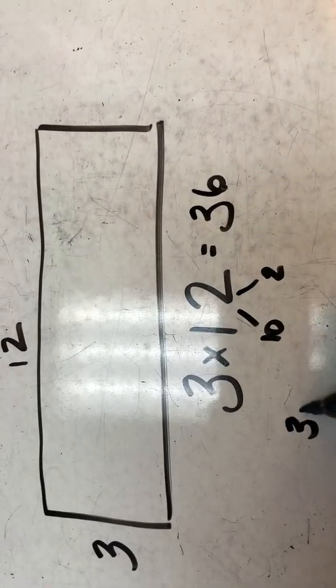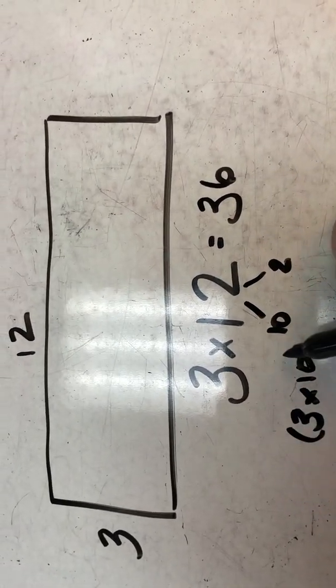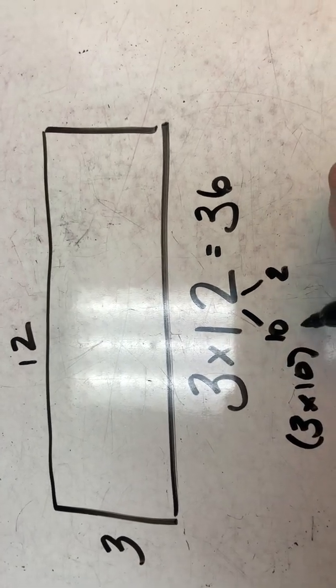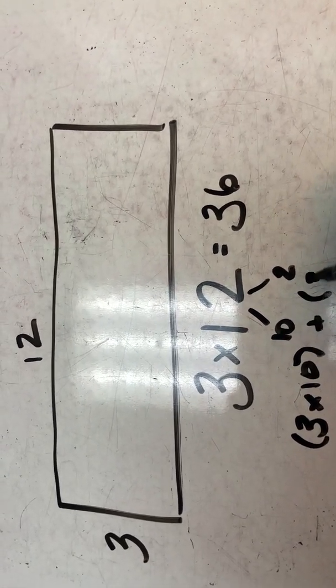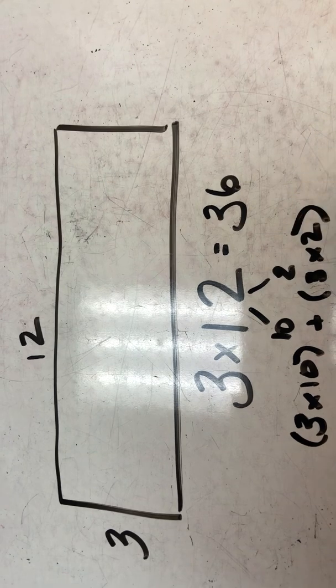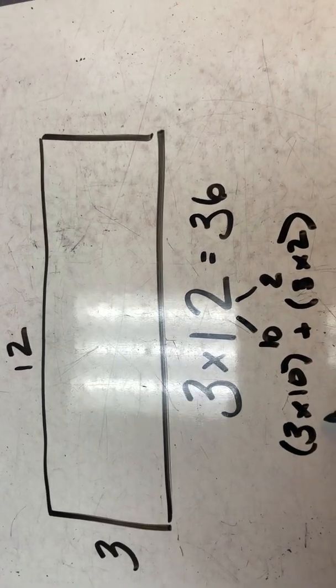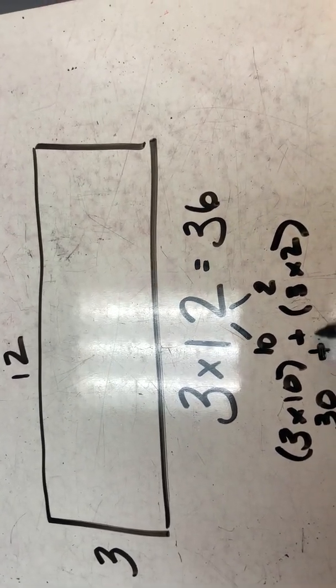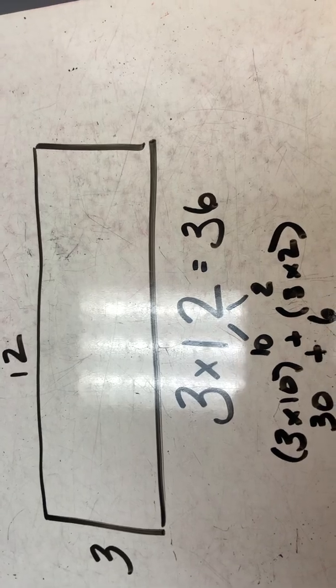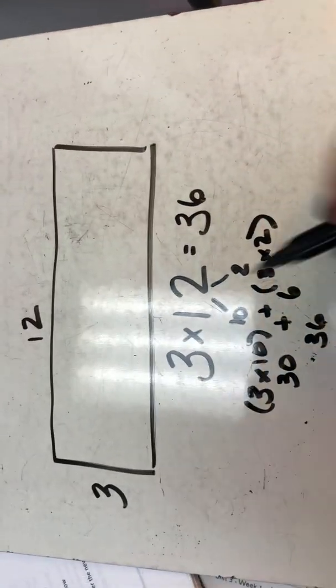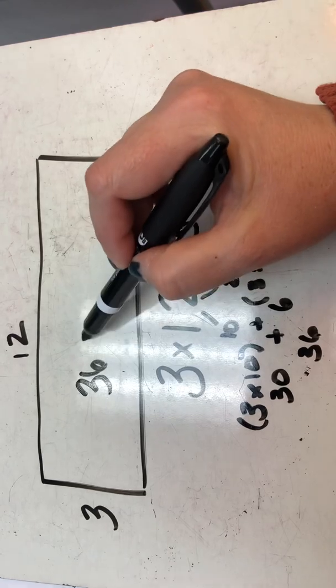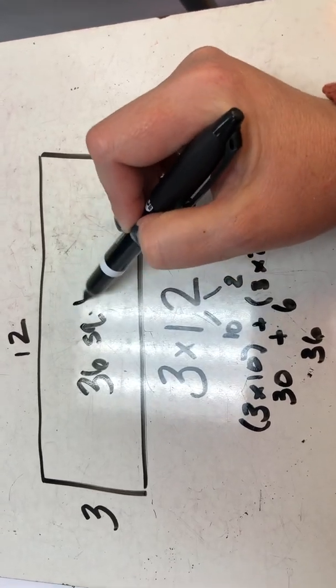Because then I know 3 times 10 plus 3 times 2, I can use my distributive property there, and I've got 30 plus 6, which is the same as 36, okay? So my area of this rectangle is 36 square units.